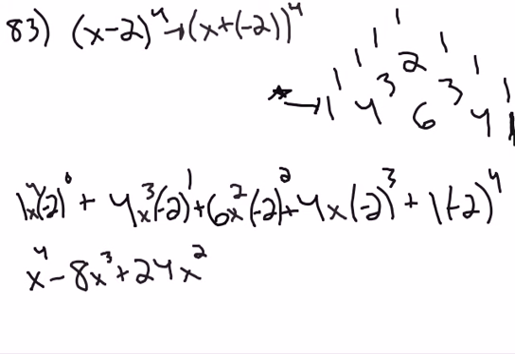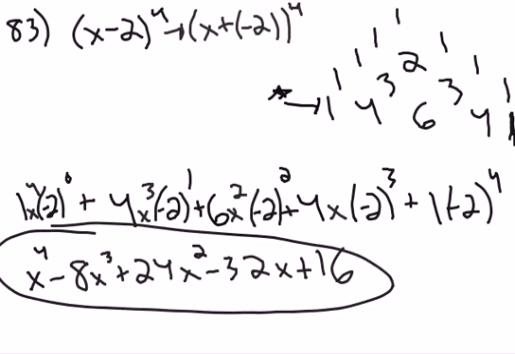Next one, I'll get -8 times 4 is -32. And then finally, 16. That's my last one, okay? Please note that there is also a typo in the answer key for this. This says 64 in the answer key, but 16 is correct. That should be your last number, okay? All right, so there's 83. Let's go on to 84.